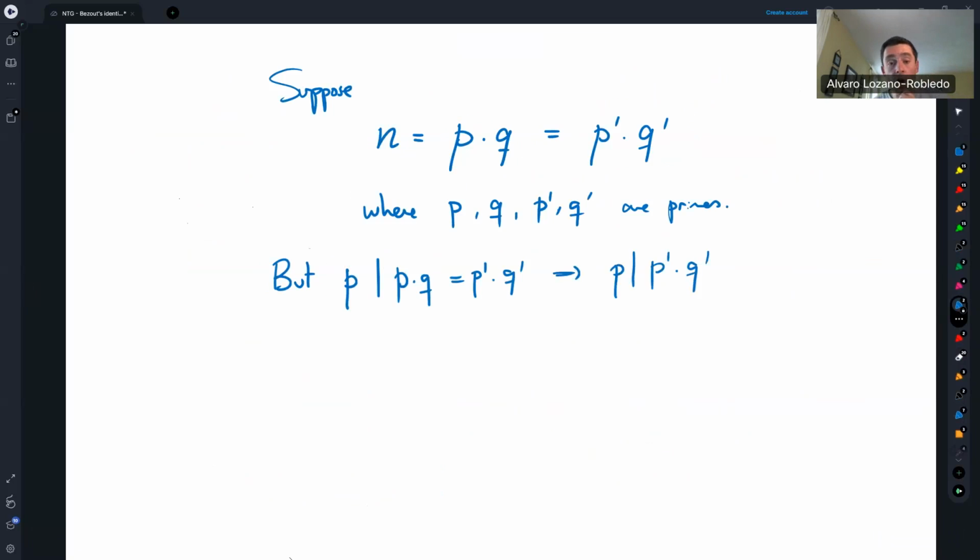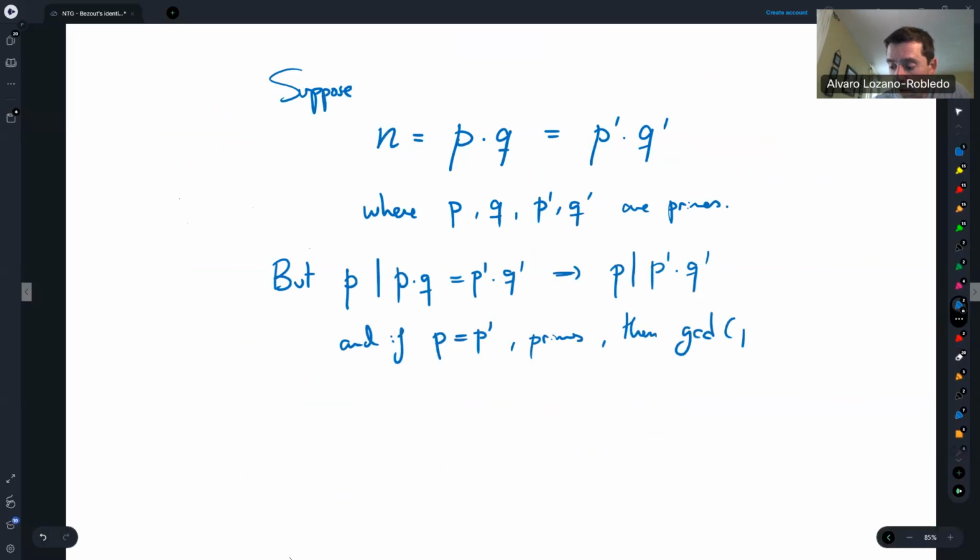And if p was not p prime, and these are primes, then the GCD of p and p prime would be 1. And now by the corollary to Bézout, since p divides a product and p and p prime are relatively prime, then p has to divide q prime. Then p divides q prime. But these are primes, so then p has to be q prime.